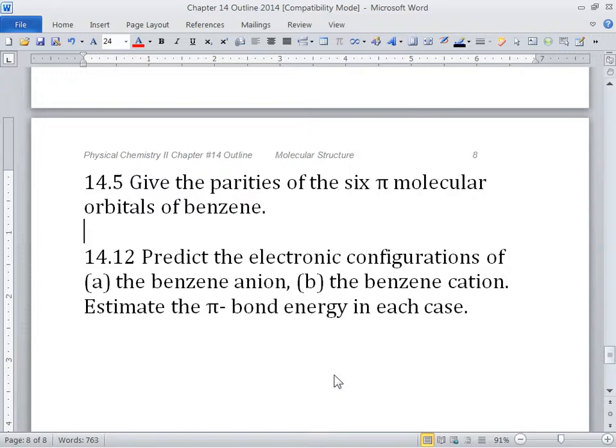So A2U2, E1G4, and E2U1. Make sure there are superscripts. Is it 1? Mm-hmm, for the anion. For the cation, you'd write what?